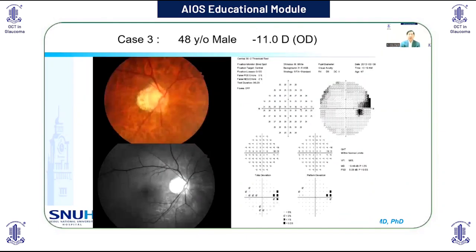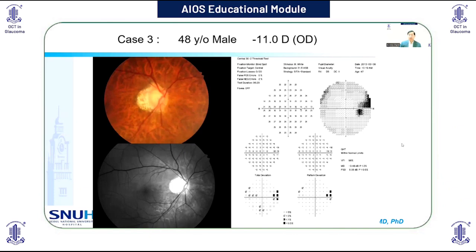This is a more highly myopic eye with a very poor image in the nerve fiber layer photograph. So we cannot see clearly whether the nerve fiber layer is thinned or not, because the fundus color is very tigroid, and the pigments are quite heavy.